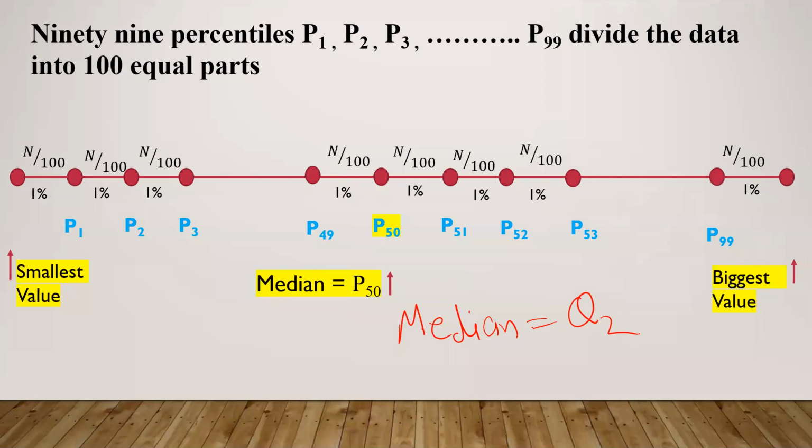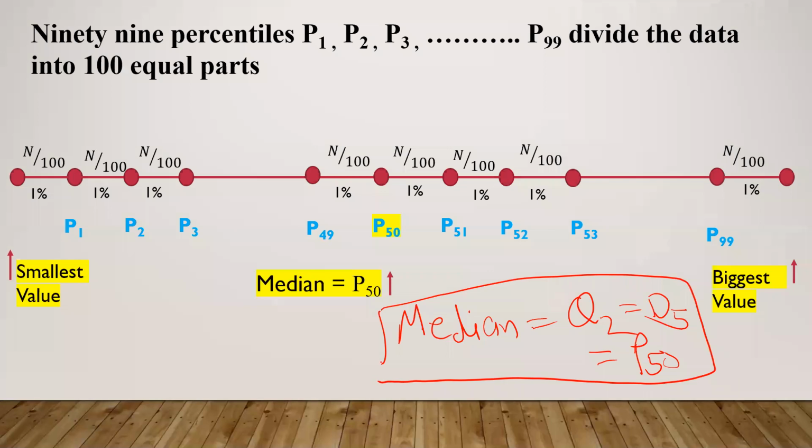And which decile was the same as median? The fifth decile was the same as median, right? And which percentile is the same as median? It is P50. So you must remember this: median is the same as the second quartile, the fifth decile, and also the 50th percentile.